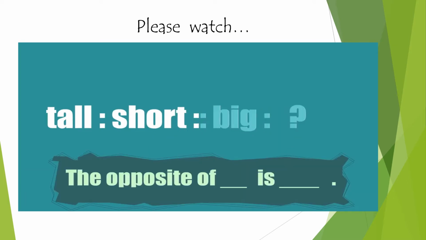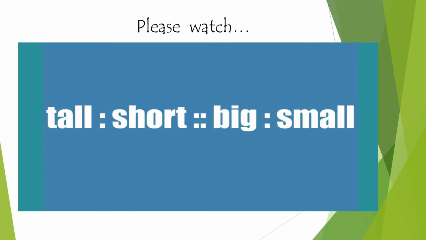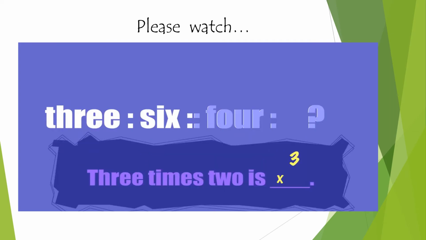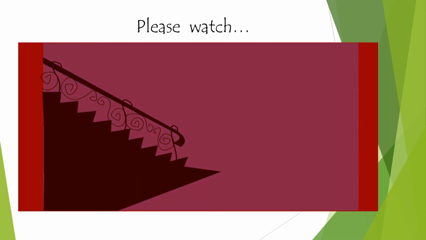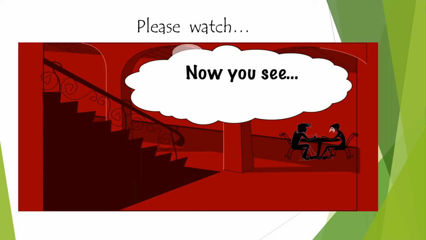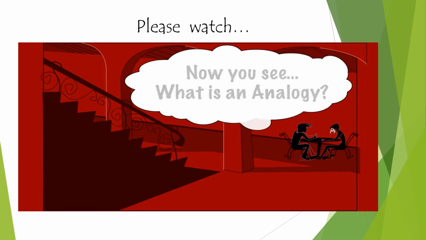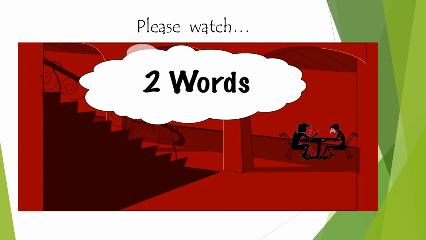The opposite of tall is short. The opposite of big is small. 3 is to 6, as 4 is to what? 3 times 2 is 6. 4 times 2 is 8. Now you see, what is an analogy? It's a relationship between two words.